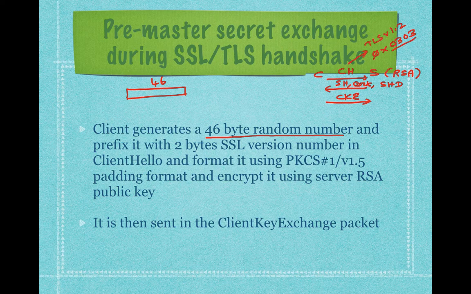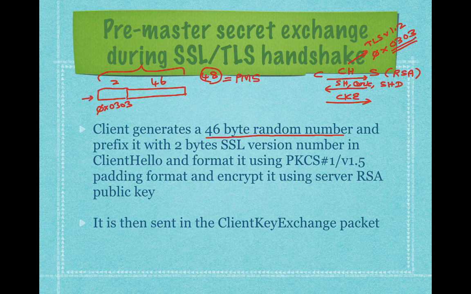So it will take these 2 bytes and prefix them at the beginning. Together these 2 bytes and 46 bytes give you a total of 48 bytes. The reason it attaches these 2 bytes is to prevent the TLS downgrade attack. So you will get a 48 byte number, and this 48 byte number is what we call the pre-master secret.